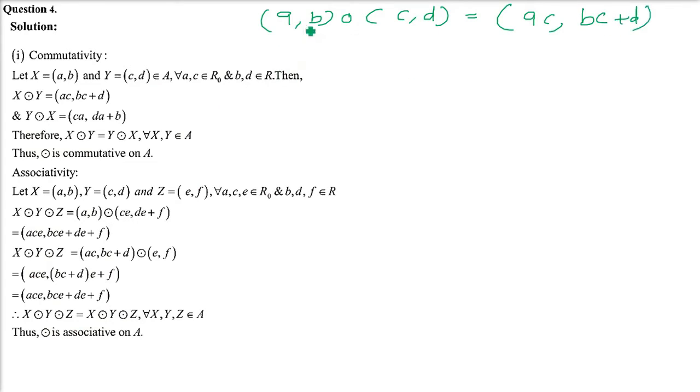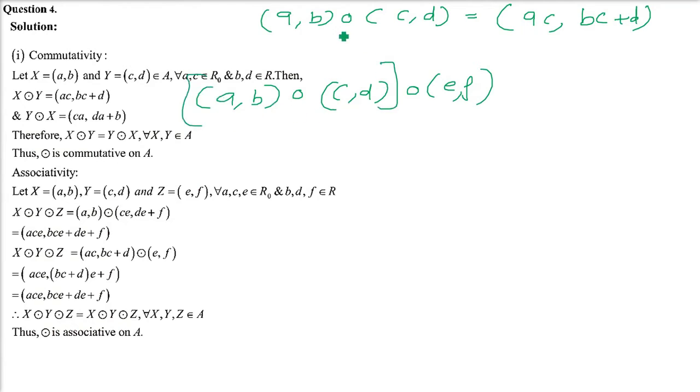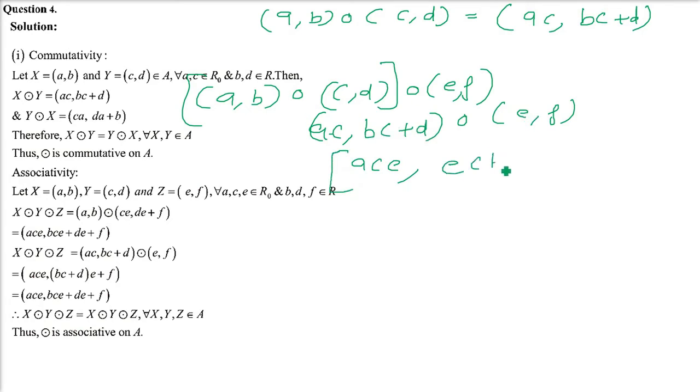So (a, b) will operate with (c, d) and then we'll operate it with (e, f). First we operate this one: (ac, bc + d). This will operate with (e, f). So AC multiplied by E, ACE will be the first term. Then BC plus D multiplied by E, and then you add F. So ACE, you have BCE plus DE plus F.